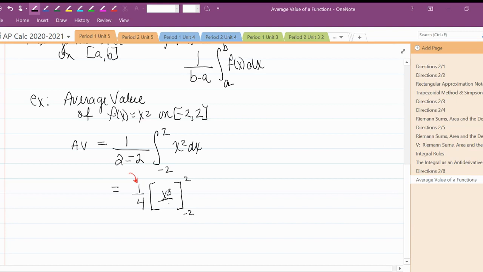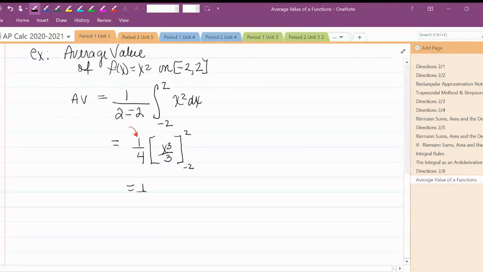X cubed over 3. Just do a quick ddx and we are correct. We have 1/4 of 2 cubed over 3 minus -2 cubed over 3.